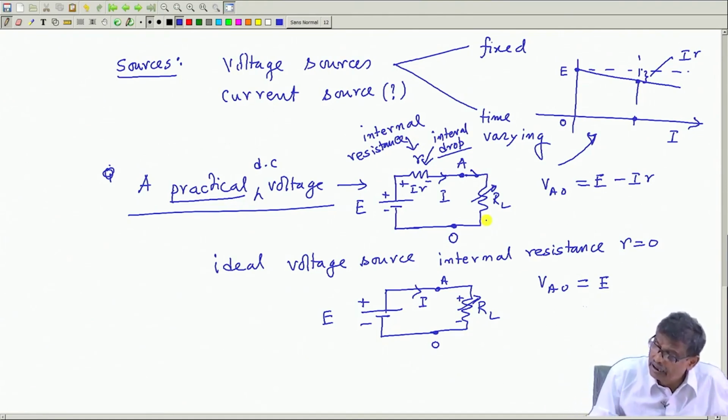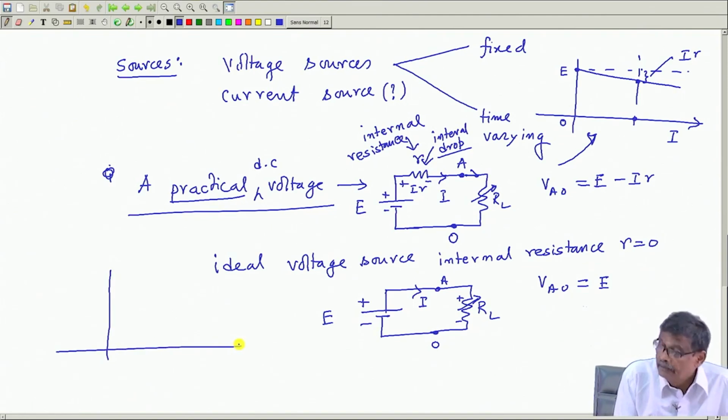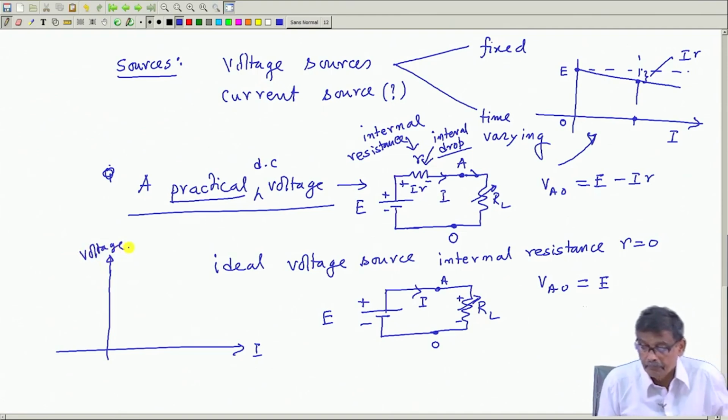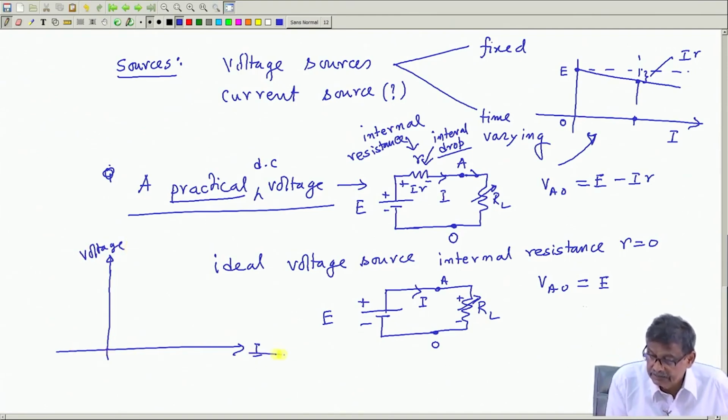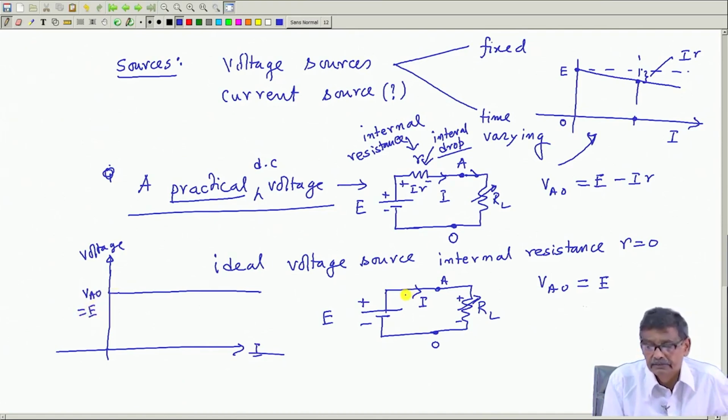What about an ideal voltage source? It will be like this. This axis is I and this axis is, suppose, voltage. No matter whatever is the current here, the voltage available across the load VAO is equal to E. It will be a flat line.